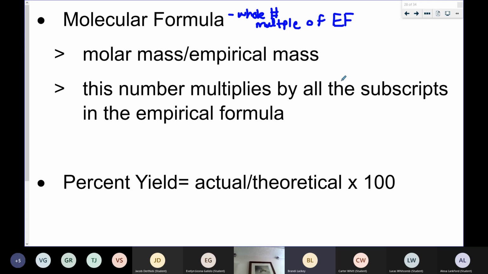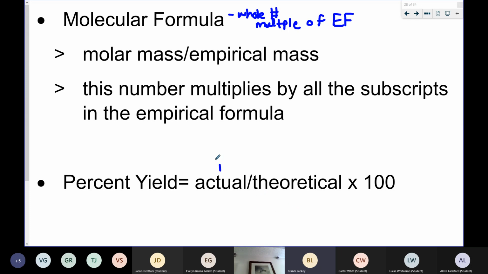But we will have percent yield. So percent yield, remember, looked at how much we made in a lab setting versus how much we should have been able to make mathematically. So for percent yield, we do the actual divided by the theoretical times 100.